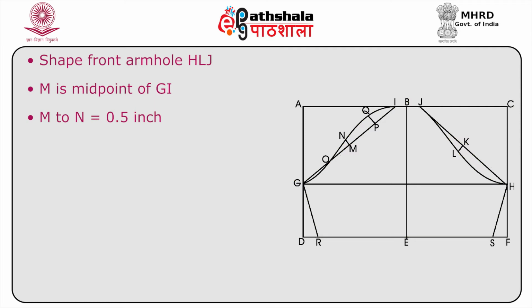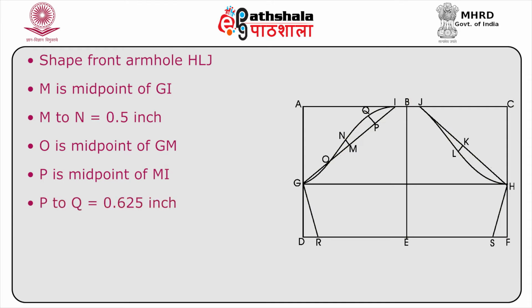M to N is 0.5 inches. O is the midpoint of GM. P is the midpoint of MI. P to Q is equal to 0.625 inches.